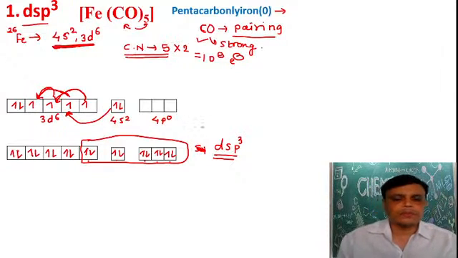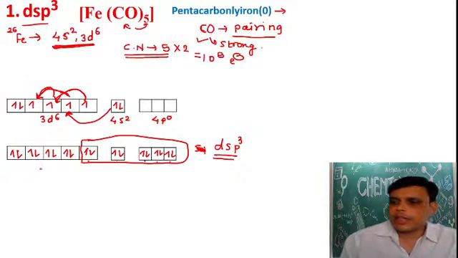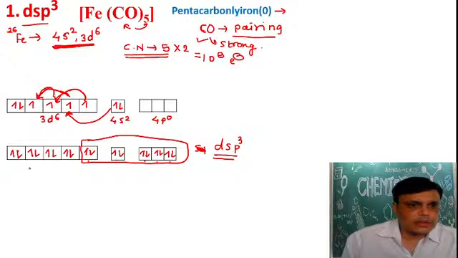Okay? Now see the number of unpaired electrons. How many unpaired electrons are present in this compound? Can you see any unpaired electrons in this compound now? Tell me. No. 0 unpaired electrons.